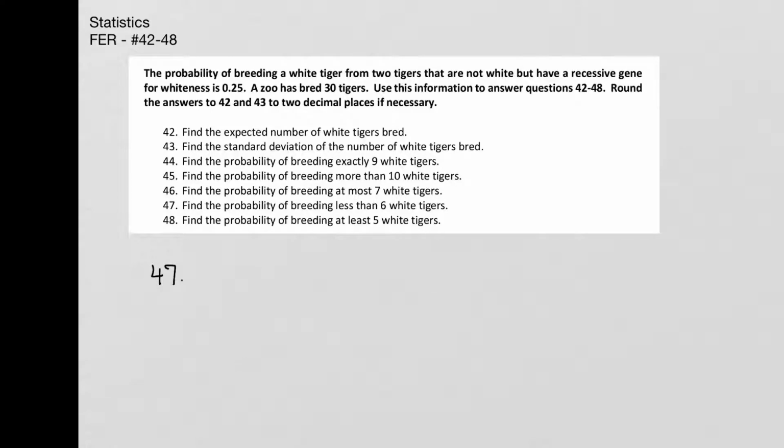Now in 47, it asks us to find the probability of breeding less than 6 white tigers. So we want the probability that x is less than 6, but you have to realize this is the same thing as saying x is less than or equal to 5. So they want the most to be bred is 5.